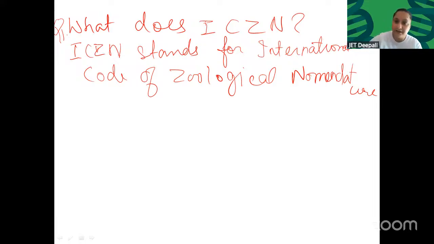Okay. Similarly, there are 118 elements, I think, in the periodic table. If someone finds a new element that is not in the periodic table, then there are IUPAC nomenclature rules that a chemist will follow before naming that compound. So ICZN does the same thing.